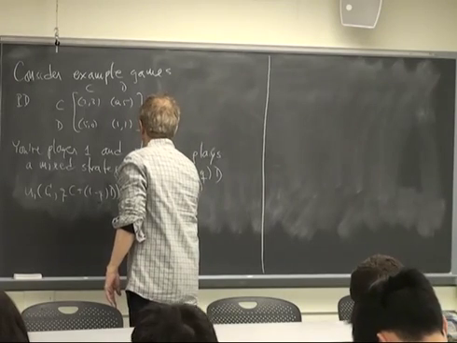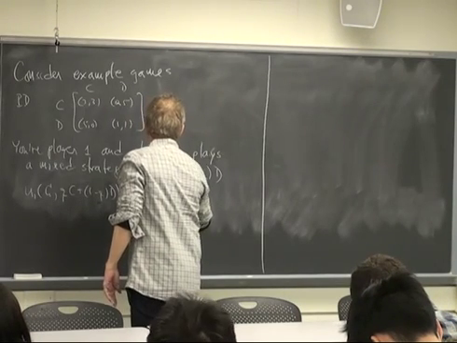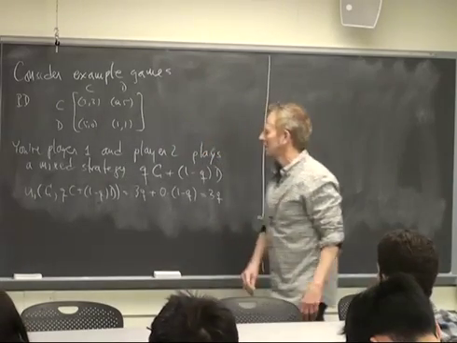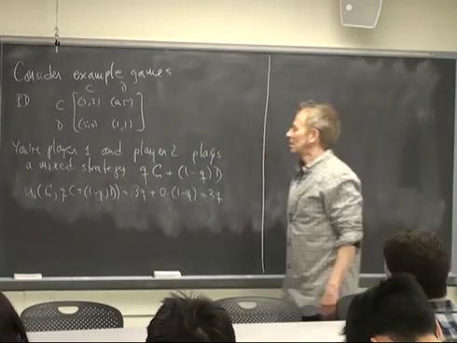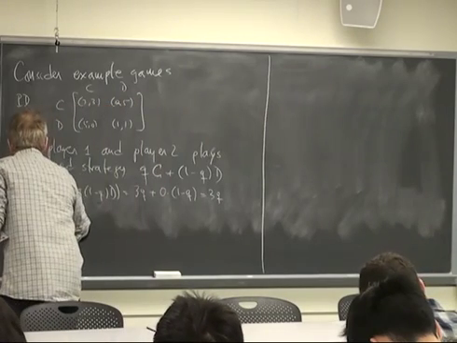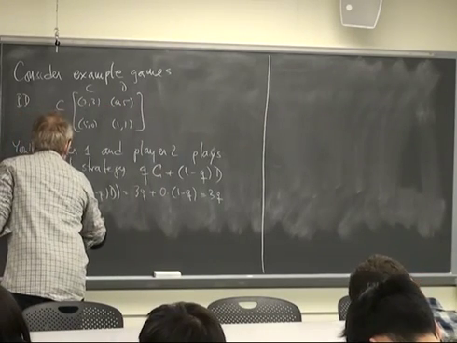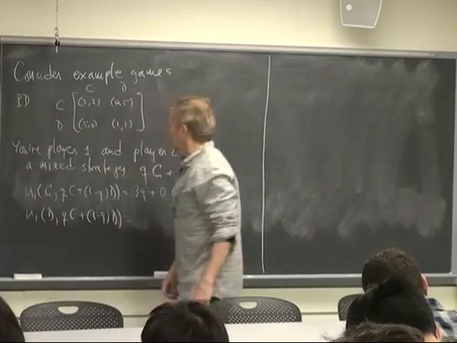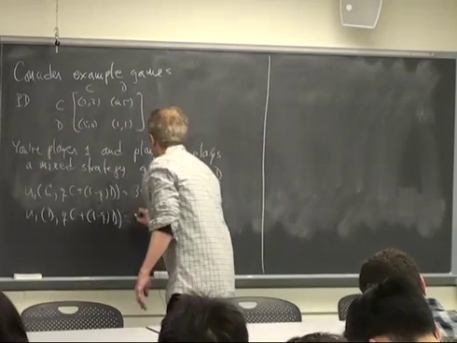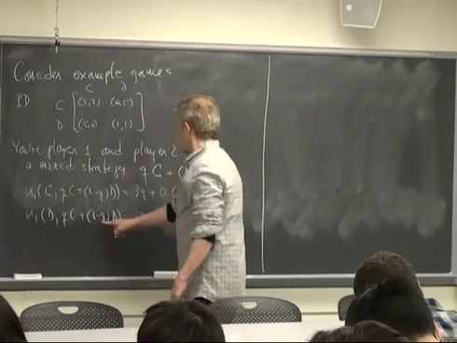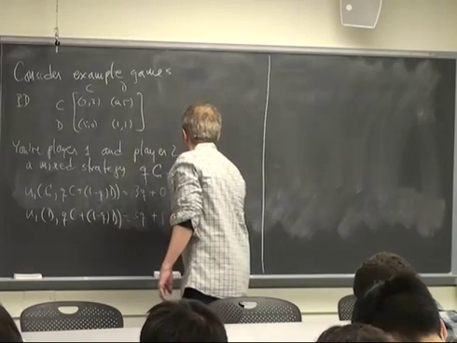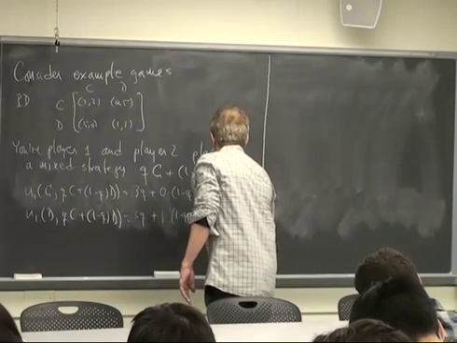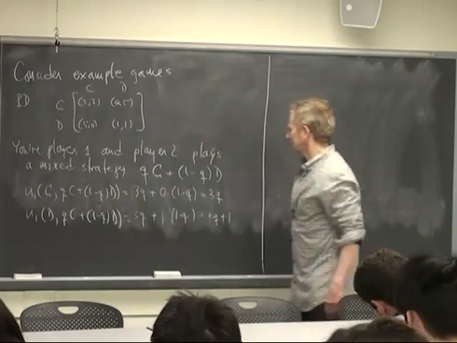So this is equal to 3Q plus 0 times 1 minus Q, equals 3Q. The payoff to D against that opposition strategy is what? It's going to be 5Q plus 1 times 1 minus Q, which is 4Q plus 1.